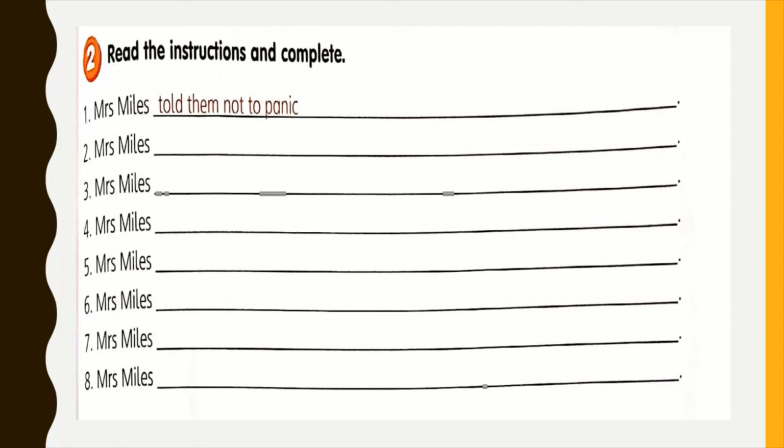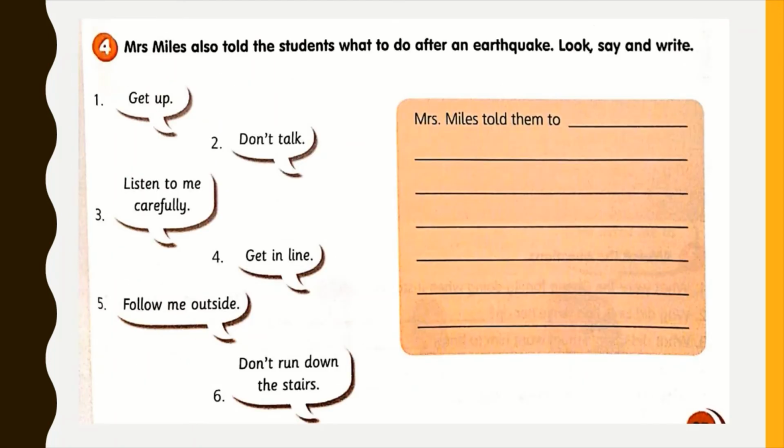Mrs. Miles told them, or Mrs. Miles told the students. Notice here that them means the students. So Mrs. Miles told the students to move away from windows and bookcases. I need you to do the rest of the instructions. You report them and you send me to check them. Okay?